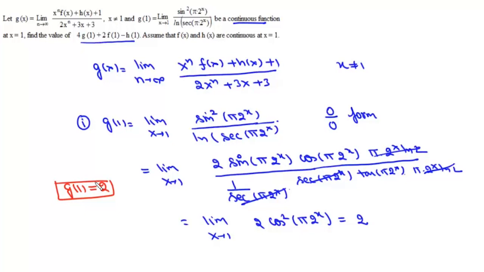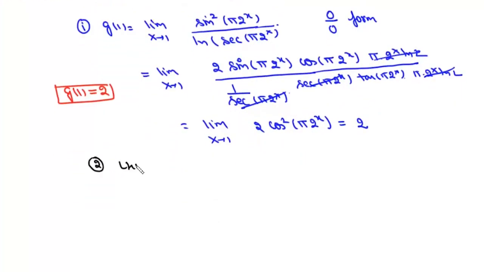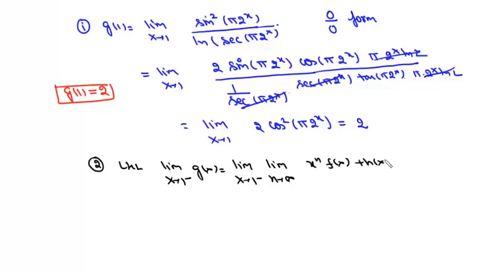Now we'll calculate left hand limit and right hand limit at x equals 1. Now if we write its left hand limit, it will be limit x tends to 1 negative g x, which is limit x tends to 1 negative, and then limit n tends to infinite x to the power n f x plus h x plus 1 upon 2x to the power n plus 3x plus 3.